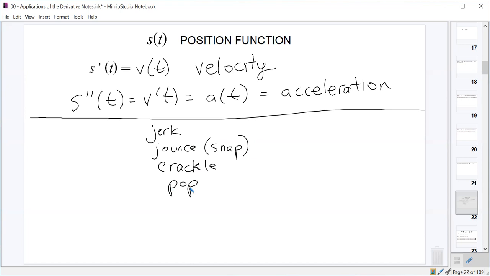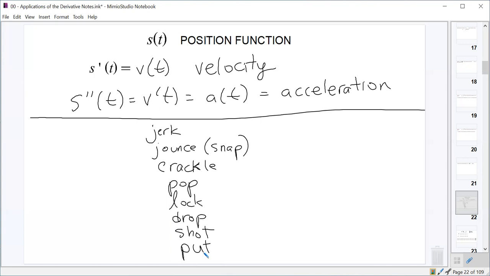Snap, crackle, pop. And then the derivative of pop is lock. The derivative of lock is drop. Its derivative is shot. And then let's see, the first, second, third, fourth, fifth, sixth, seventh, eighth, ninth, 10th derivative of position is just called put. So those are the first 10 derivatives. After that, they don't really have names.